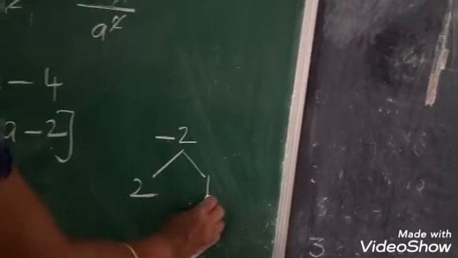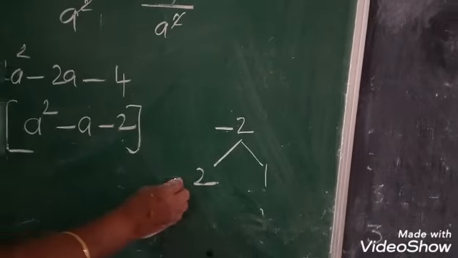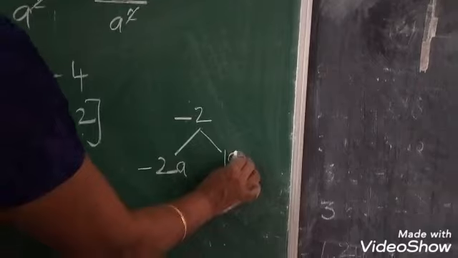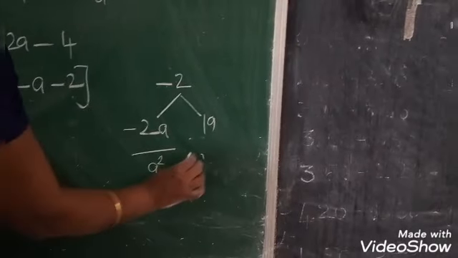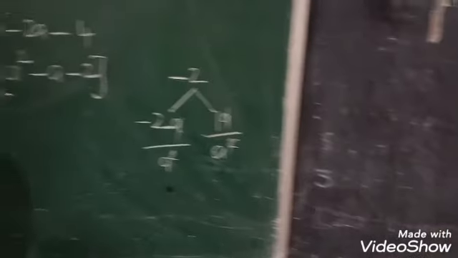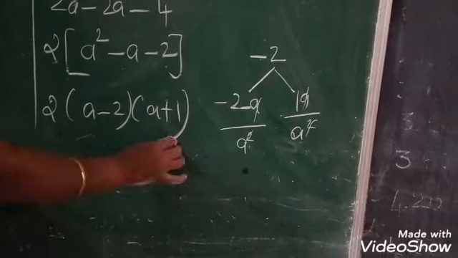What are the factors? Yes, 2 and 1 make 2. Here the minus sign, so the bigger number gets minus. Minus 2 plus 1 you will get minus 1. Now you have to put the variables. What is the variable here? Yes, a squared. So the factors are a minus 2 one factor and a plus 1 the other factor.